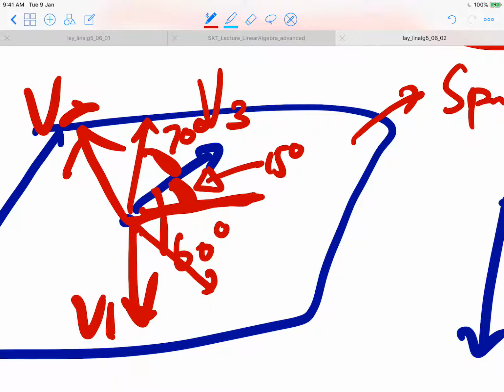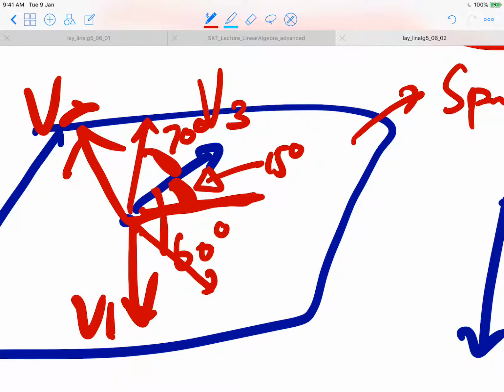In that case, let's imagine the exact same process, and then what will be the angle? So the minimum possible angle will become 0, right? So in this sense, if the angle is non-zero, then it is linearly independent. And if the angle is 0, then it is linearly dependent.